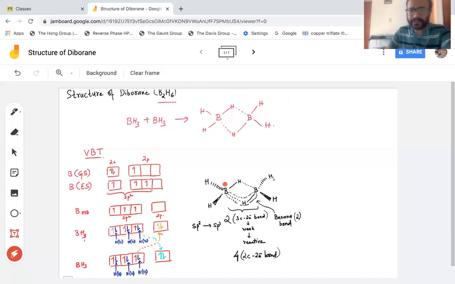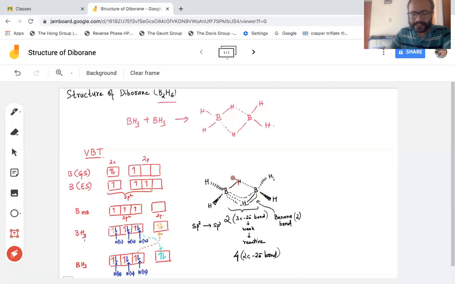If we now look at this structure, what you find is that this boron is surrounded by three covalent bonds, which is the normal two center, two electron bond. Each of these boron atoms is surrounded by them. Now, this particular bonding is a bridged bonding, a bridging that is happening between these two boron atoms.